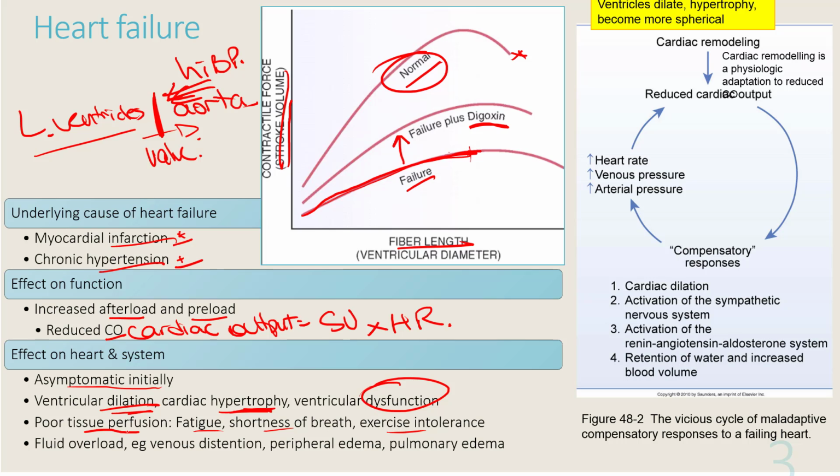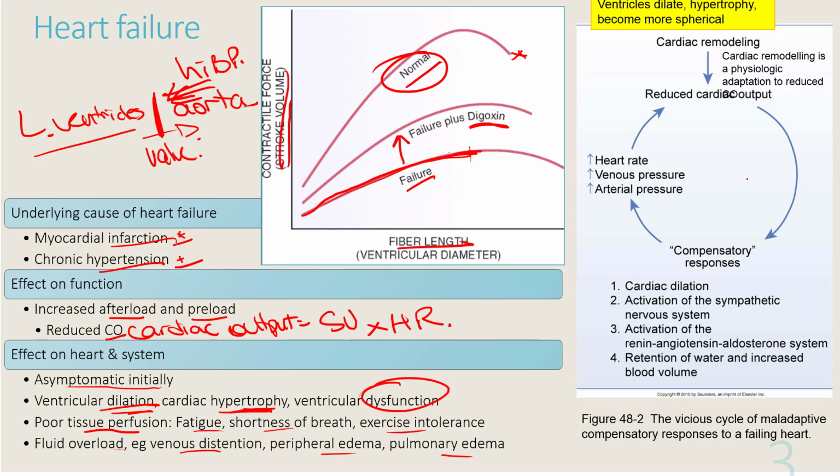And because the ventricles aren't pumping blood out to the systemic circulation, you've got fluid overload in the venous system, in the periphery, as well as in the lungs. All right, so the diagram on the right is something that you'll see later on in patho.